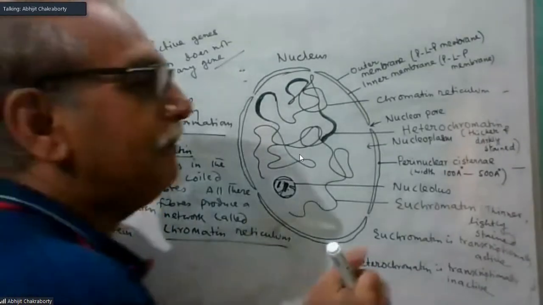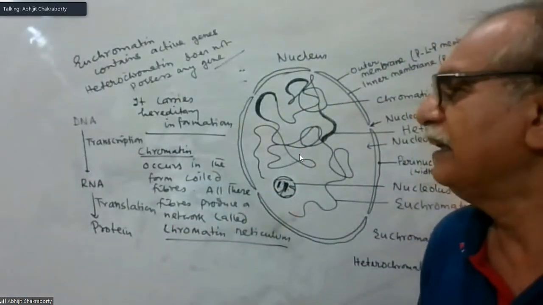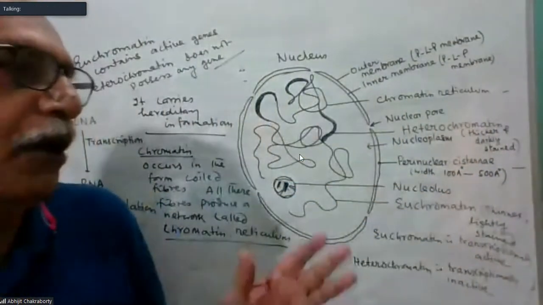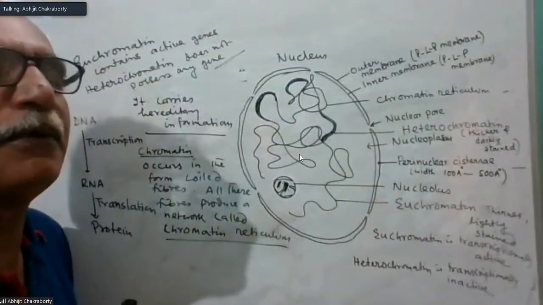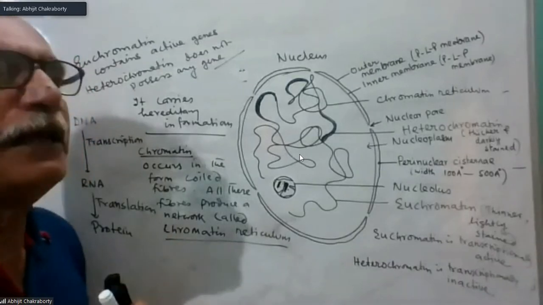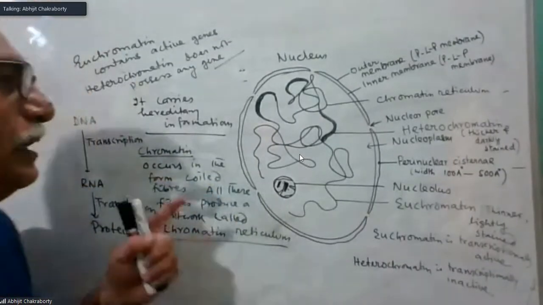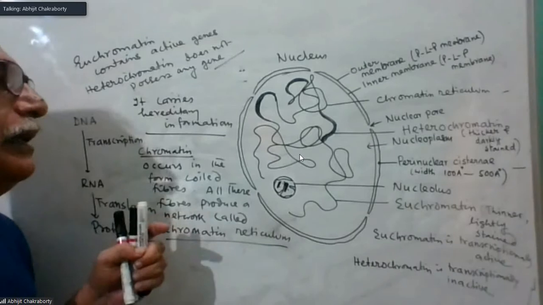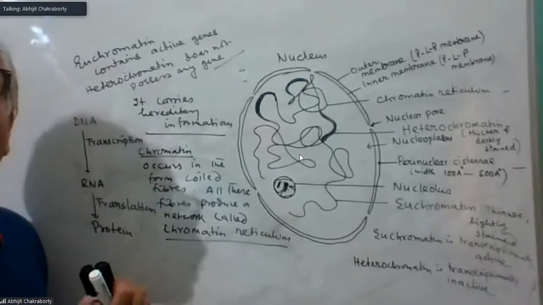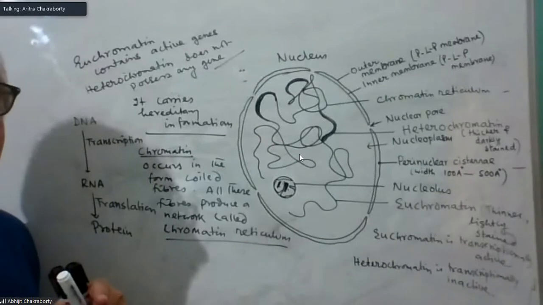So if any segment of a chromosome is to act as a gene, it should have the ability to undergo transcription, because genetic information is carried from DNA to RNA and then to protein. If DNA fails to transcribe, information cannot be carried to the next step, and that's why we say it is either transcriptionally active or transcriptionally inactive. Is it clear to you? Yes, sir.